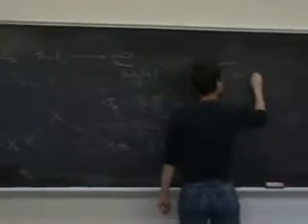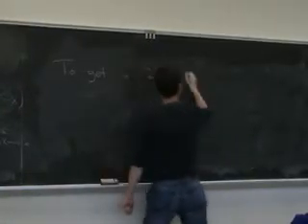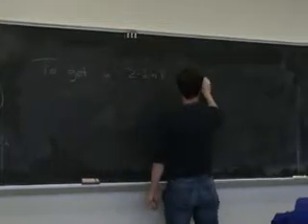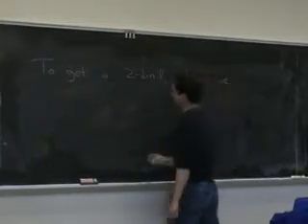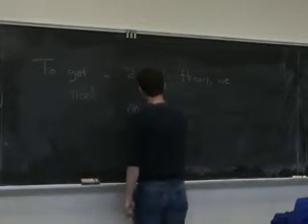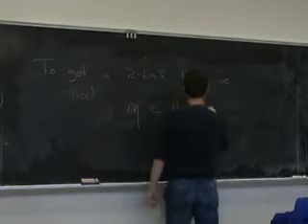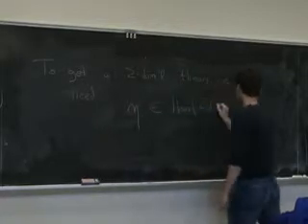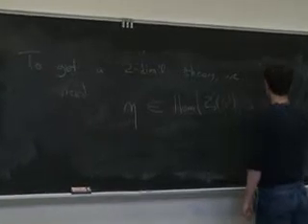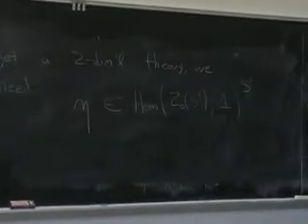So now, to get a two-dimensional field theory, we need more. We need this thing that I called eta, which is supposed to live inside maps from Z naught of a circle into the unit, and it should be a fixed point with respect to the action of the circle group.